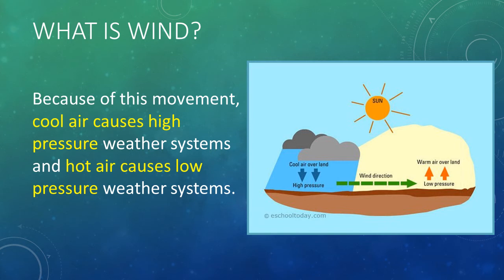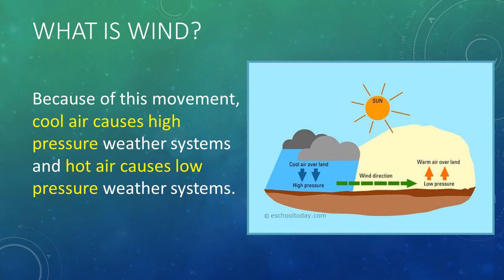Now, a little facet of this is that because of this movement, cool air causes high pressure. Okay, as it's pushing downwards, pressure is going to increase, whereas hot air causes low pressure. As hot air rises, the pressure at that area of the earth decreases.